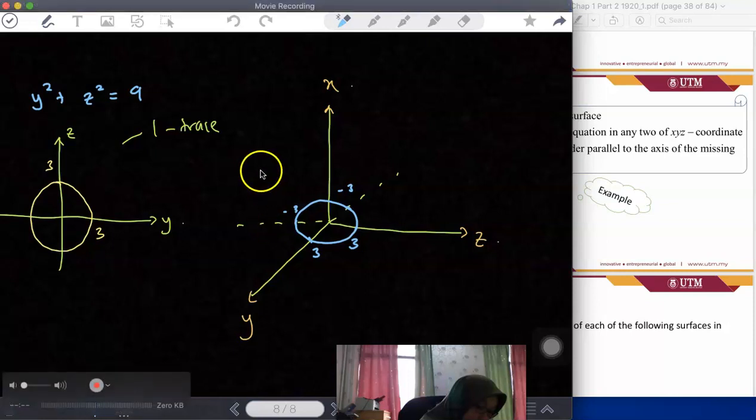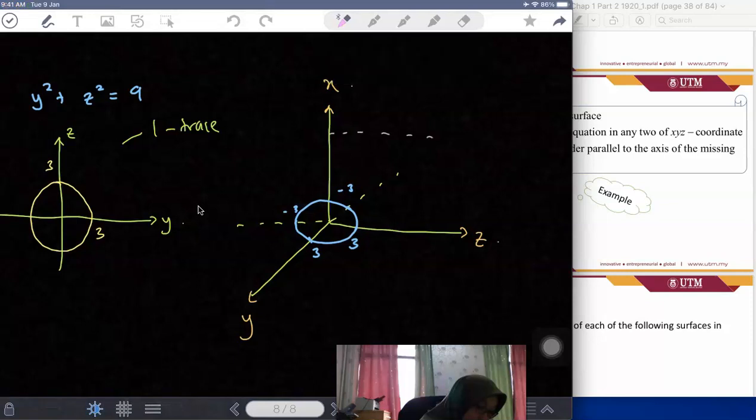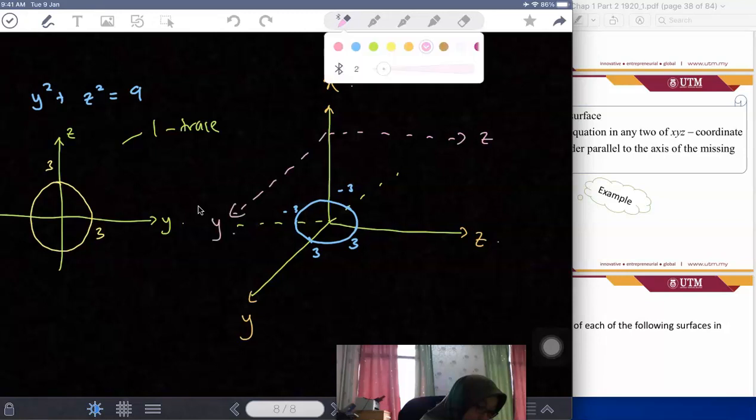Alright, so by looking at this trace, you have ZY, so X is missing, meaning that you have to project your circle along the X axis. In order to do that, you have to assume along the X there is a new Y and Z, with Z and this one Y, and you draw the similar circle.